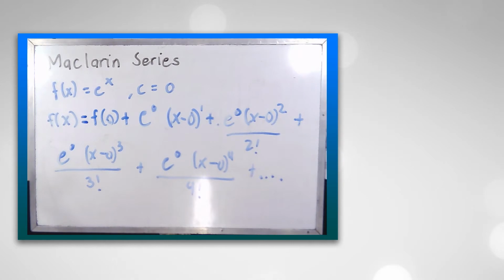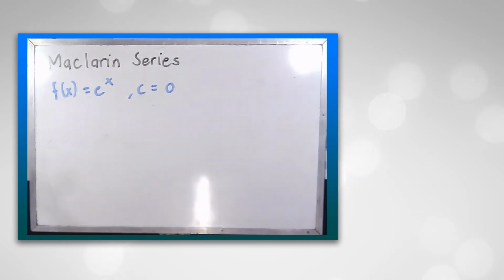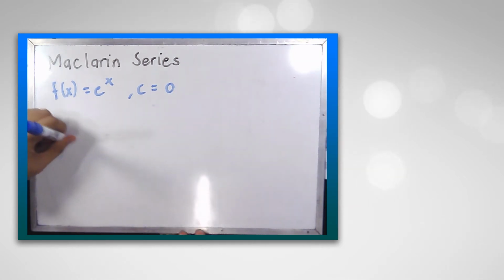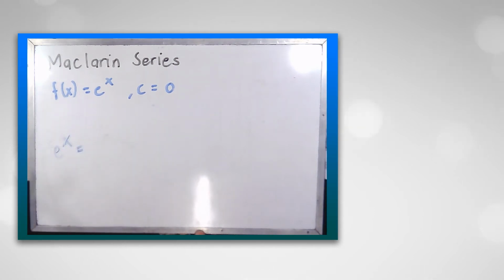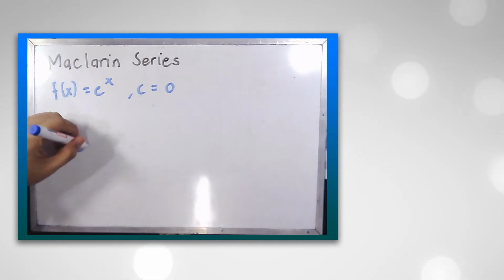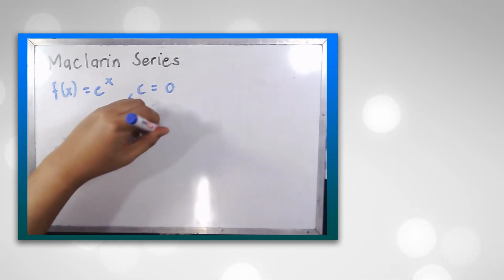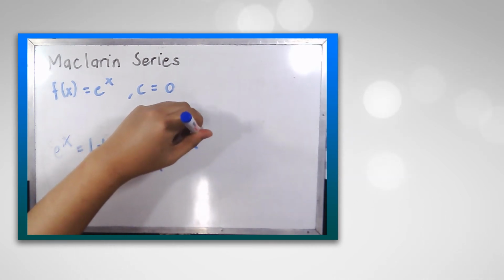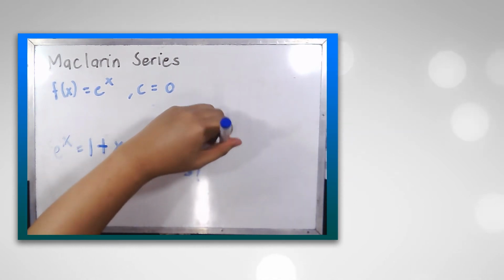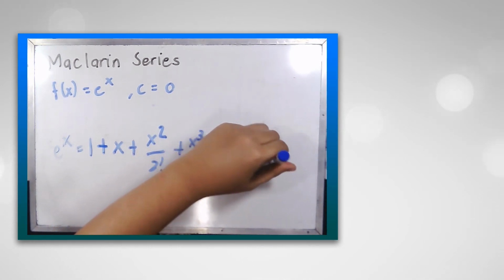Then let's simplify this into a more basic series. So e raised to x is equal to 1 plus x plus x squared over 2 factorial plus x cubed over 3 factorial plus x raised to 4 over 4 factorial, and so on.